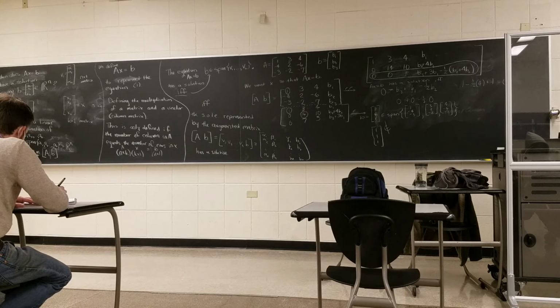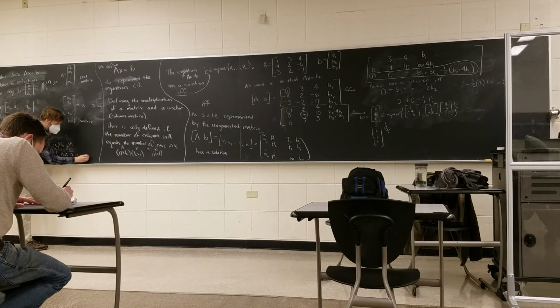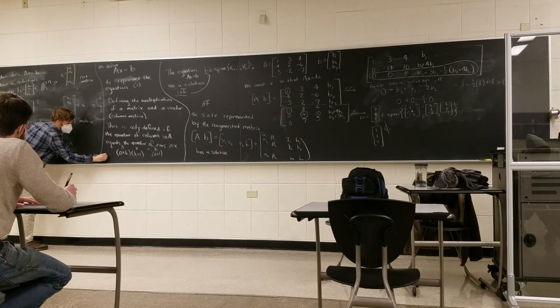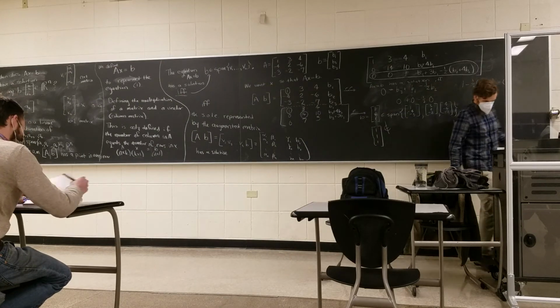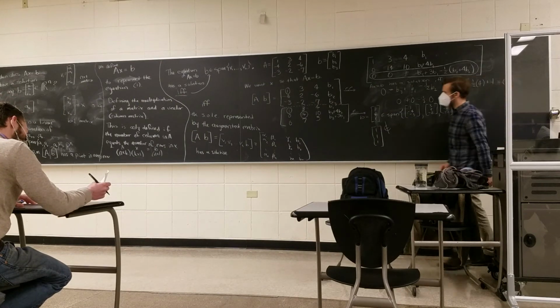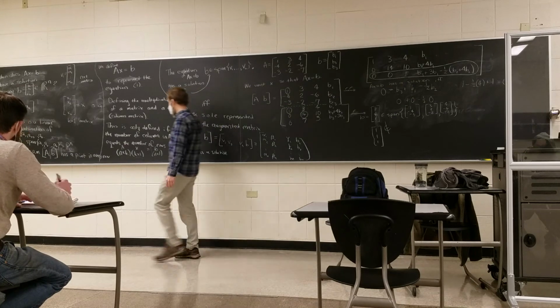So, I should come back to that. The augmented matrix A B has a pivot, or pivot location, in every row. They would phrase this as every row.